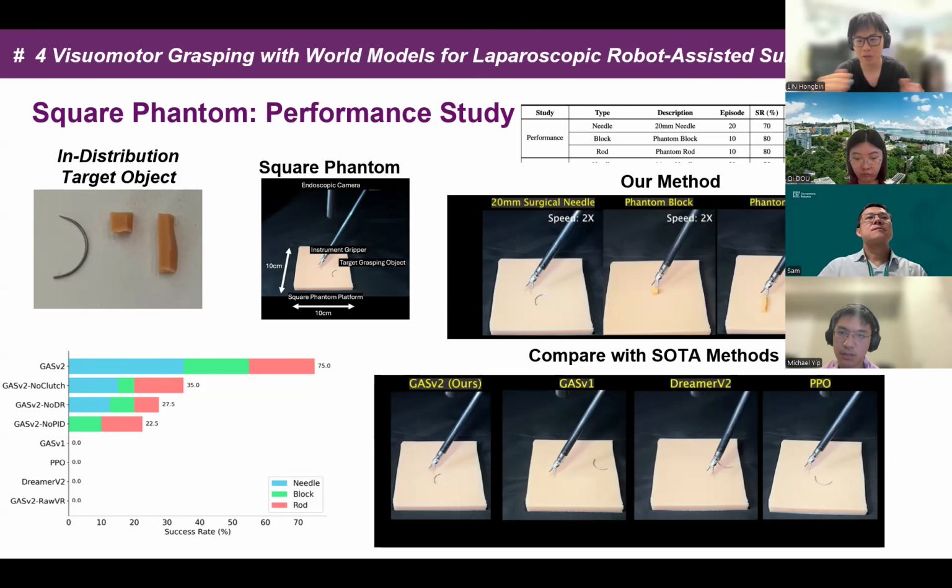You need to model something and have assumptions about the object. Our method does not need to assume anything. We can grasp anything without changing the algorithm or retraining.